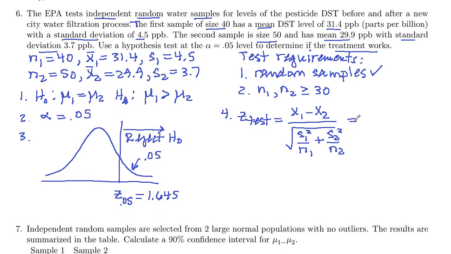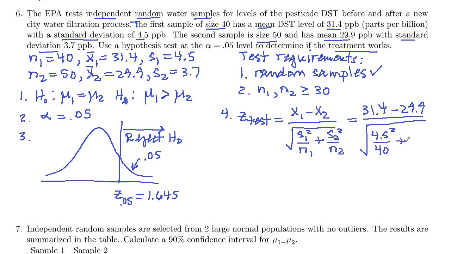So our first sample mean was the 31.4 minus the second is the 29.9. We're going to divide by, our S1 was 4.5, so 4.5 squared over that sample size of 40.